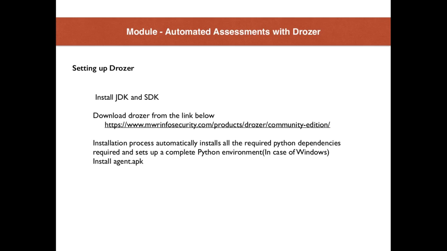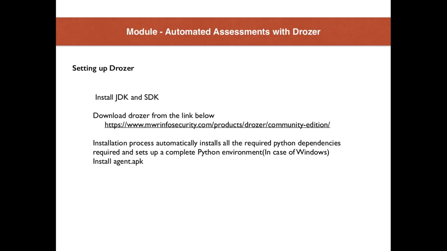Before going ahead and using this Drozer tool, we need to set it up in your system. These are the steps to install Drozer. The first step is you need to install JDK and SDK, and then we have to go to this link and download the Drozer setup file. If you are using Windows, it is very simple, because all you need to do is click next, finish.